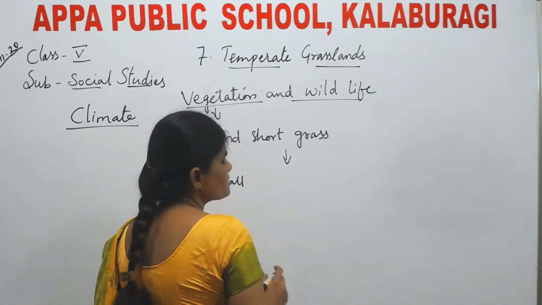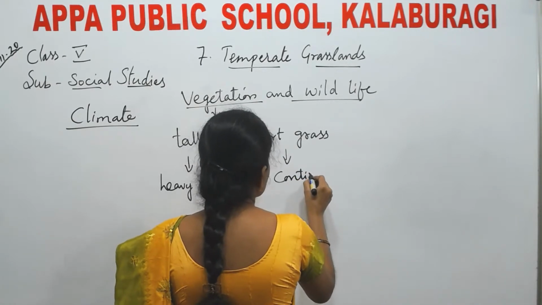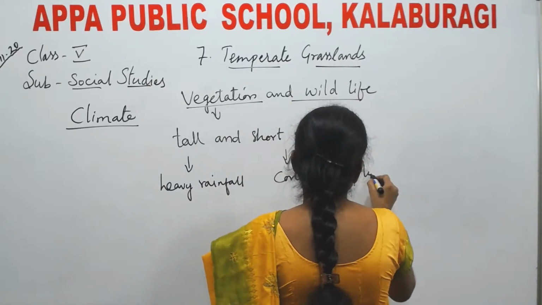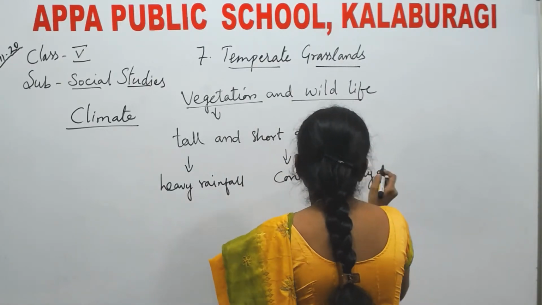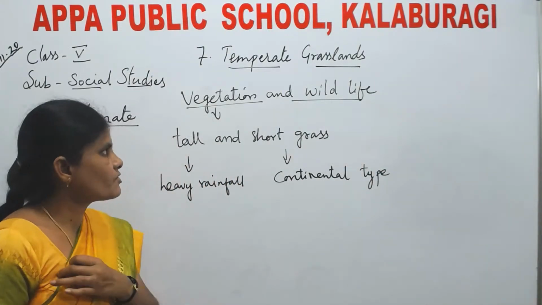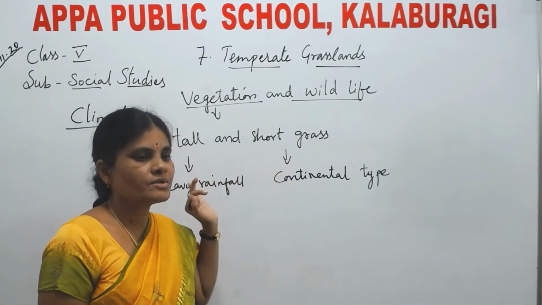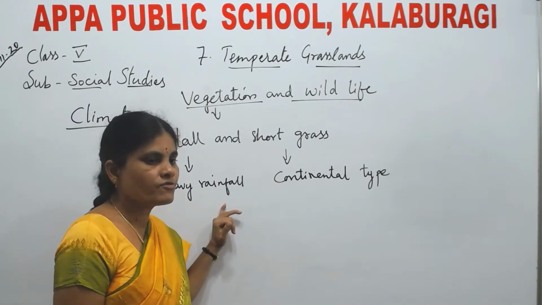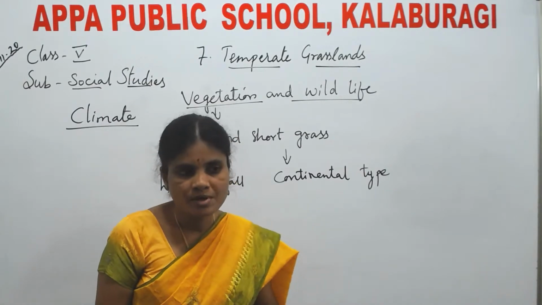That means the areas which have a continental type of climate. Here, two types of vegetation are found in temperate grasslands. One is tall and another is short grass.